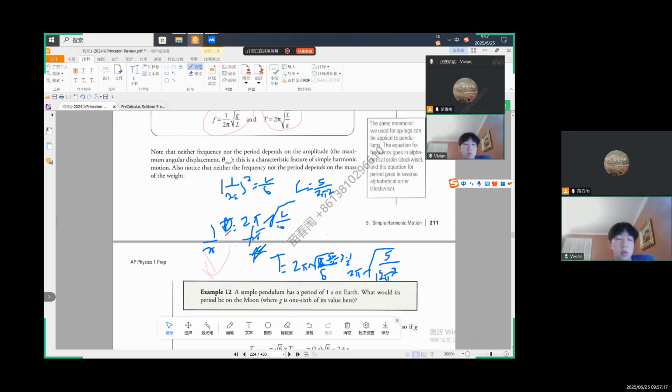So that means 2 pi times 5 over 12 pi squared. So that's 1.29 seconds.